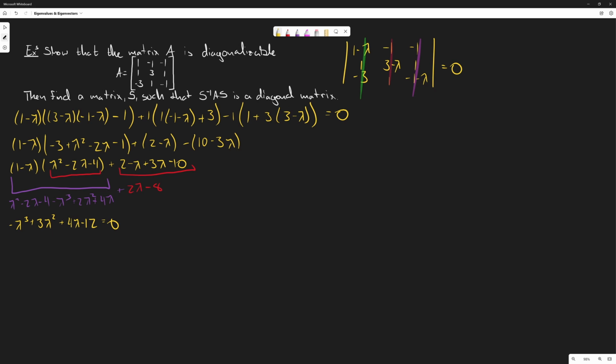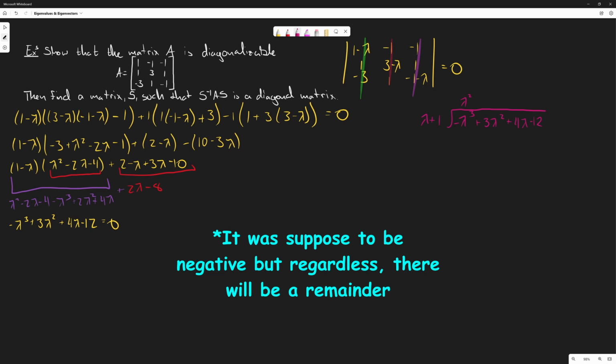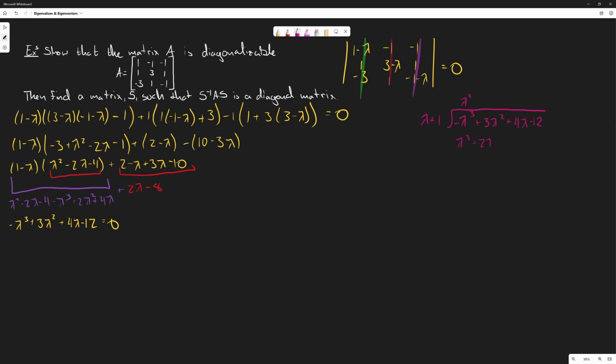And to do that we're simply going to use another color. Write down lambda cubed plus 3 lambda squared plus 4 lambda minus 12. And we're going to divide it by a linear function, which we don't know. So we're going to start with lambda plus 1. And if that doesn't work, then we're going to do lambda plus 2. So there's going to be lambda squared. And then this will be lambda cubed plus 2 lambda squared.